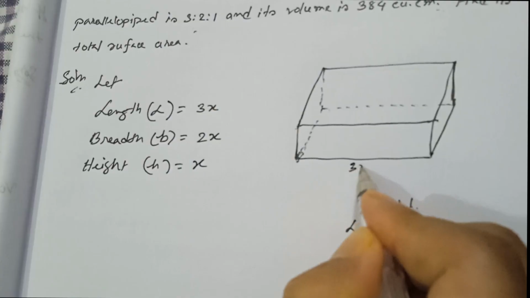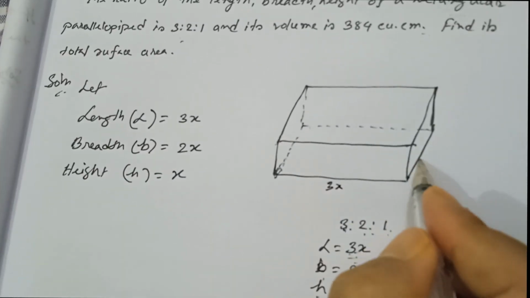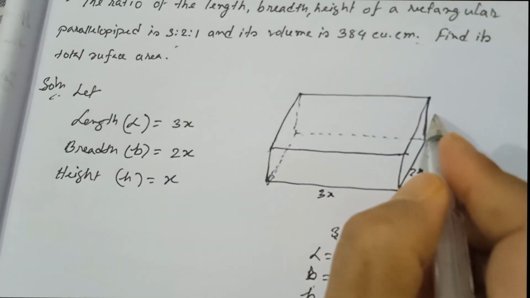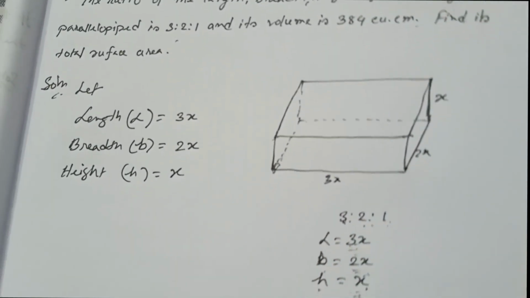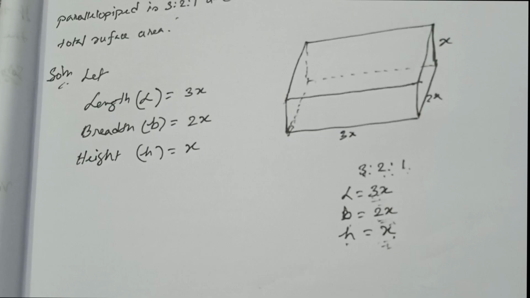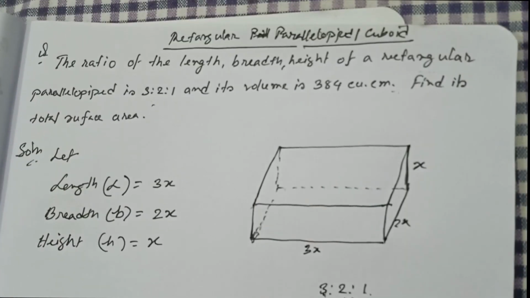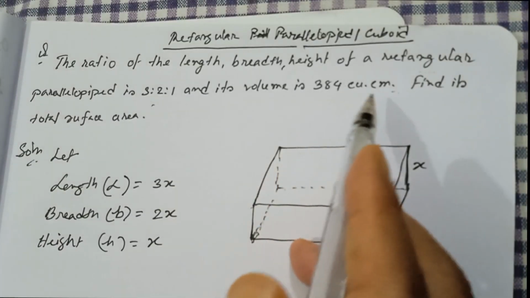So this is 3x, this is 2x and this height is simply x. And the volume is 384 cubic centimeter.